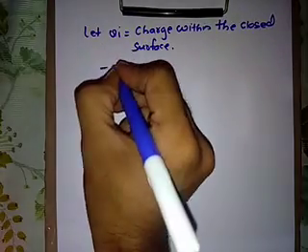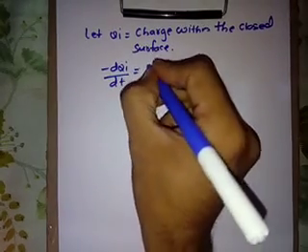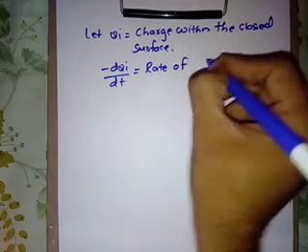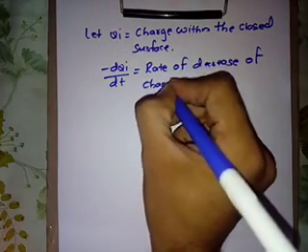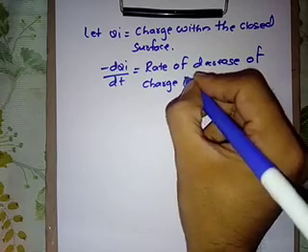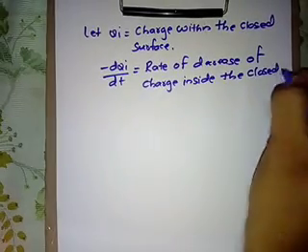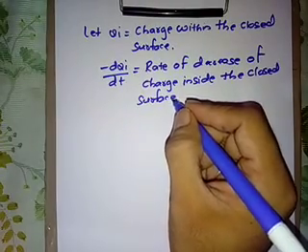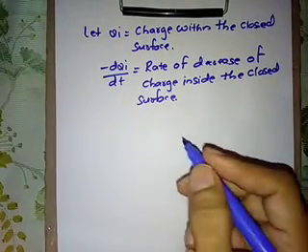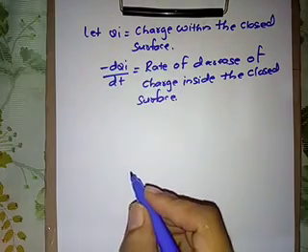So minus dQi by dt will be nothing but the rate of decrease of charge inside the closed surface, okay? So let us consider the equation minus dQi by dt, that is the rate of decrease of charge inside the closed surface. Here the negative sign indicates that there is a decrease in the charge inside the closed surface. That is the significance of the negative sign here.